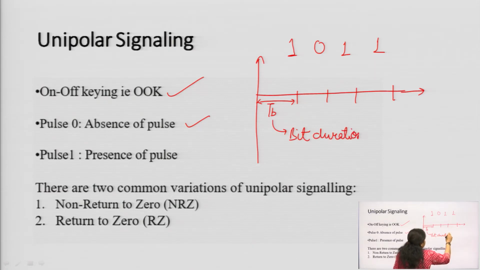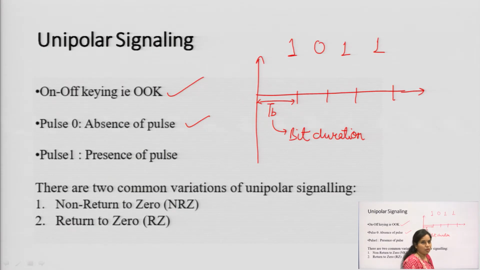What is bit duration? Whatever bit we are considering, either it may be 1, it may be 0, the whole duration, meaning the time required to transfer one bit, is known as bit duration. It may be 2 seconds, it may be 1 second, it may be in microseconds also, but if you design a system, you have to decide what will be the bit duration.